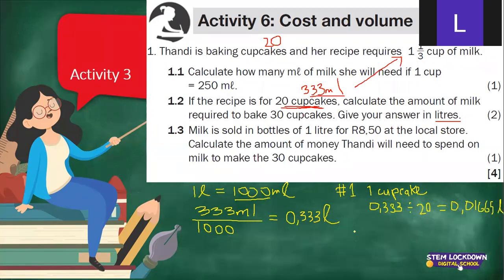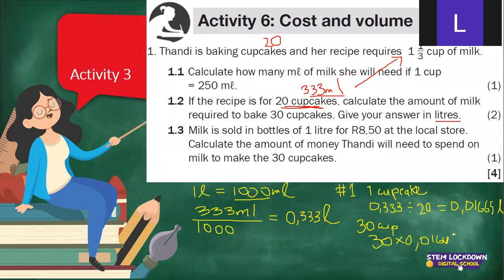So for 30 cupcakes, the answer will be 30 times, obviously, if one requires so much, 30 will be 30 times this amount, 0.01665 liters.